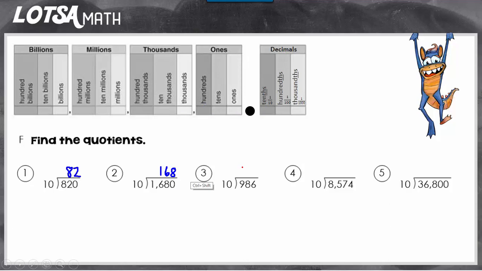So let's look at number 3. This time we have 986 divided by 10. So once again, to make it 10 times smaller, or divide it by 10, you just shift every digit one place to the right. So the 6 will move to here, the 8 will move to here, and the 9 will move to here. So 986 divided by 10 is 98.6.